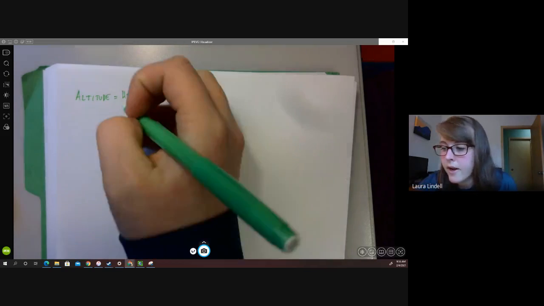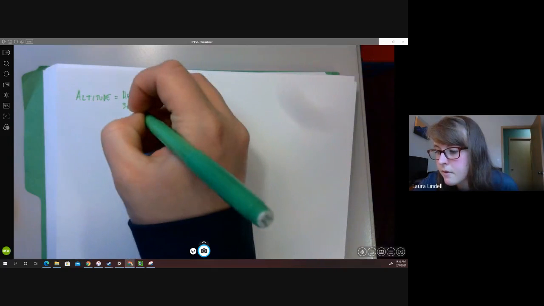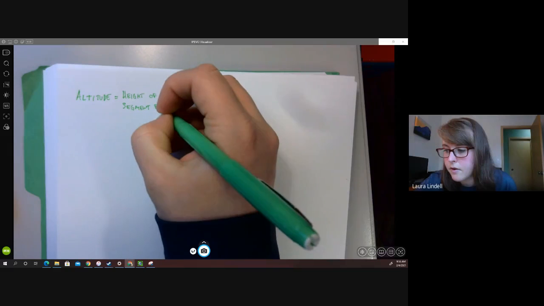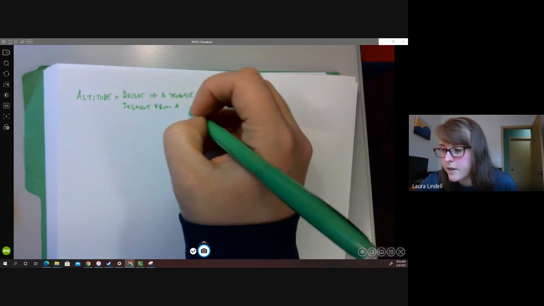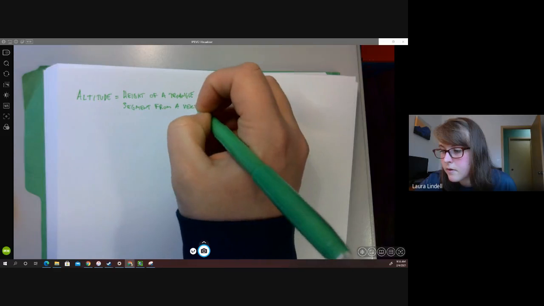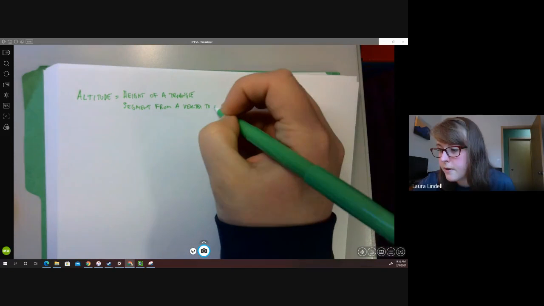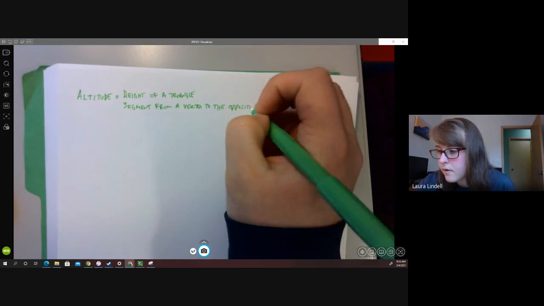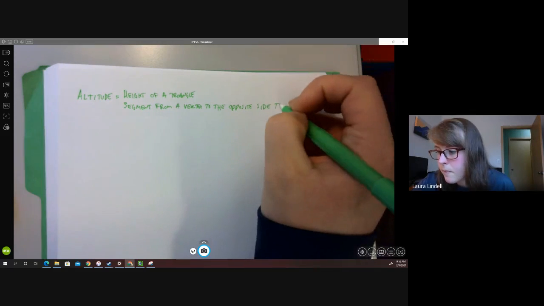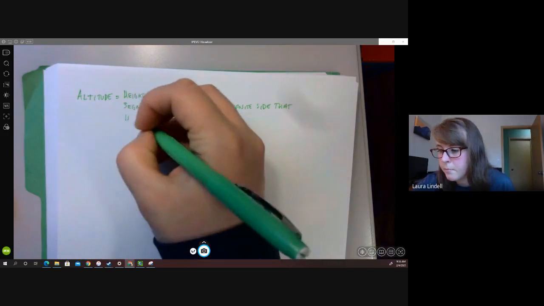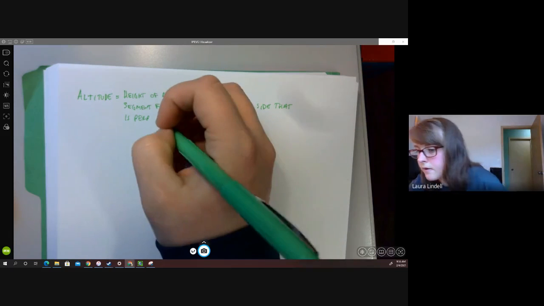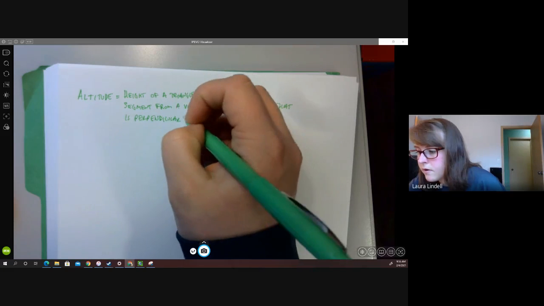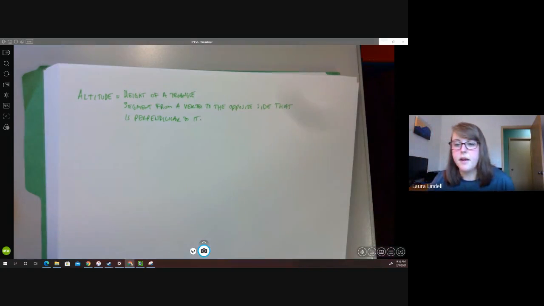But altitude is also defined as a segment from a vertex to the opposite side that is perpendicular to the opposite side.